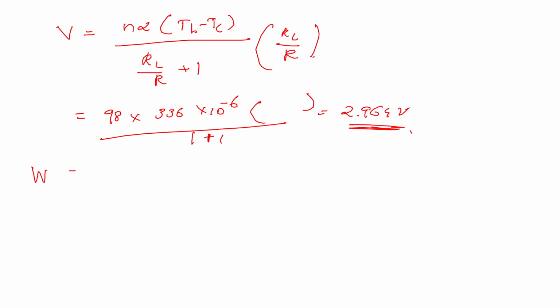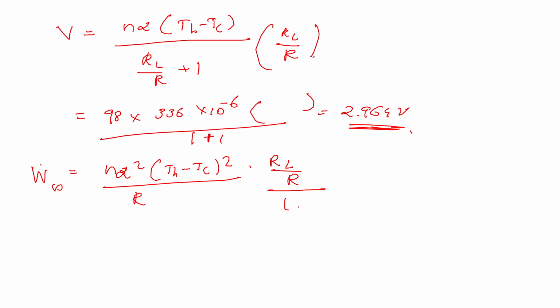Now we have to calculate the maximum power output, that will be n alpha square (Th minus Tc) whole square divided by R times (RL divided by R) divided by (1 plus RL divided by R) whole square. Substitute the values and let me know what is the answer we are getting.